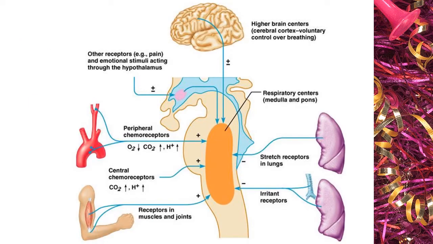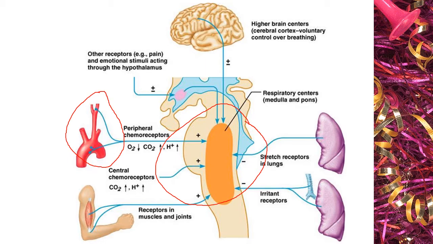Right, so in this diagram, we can see where the sensors are located. The central chemoreceptors are located near the control center, which is located right here. And then you have the peripheral chemoreceptors. This is the aortic arch and the carotid arch.